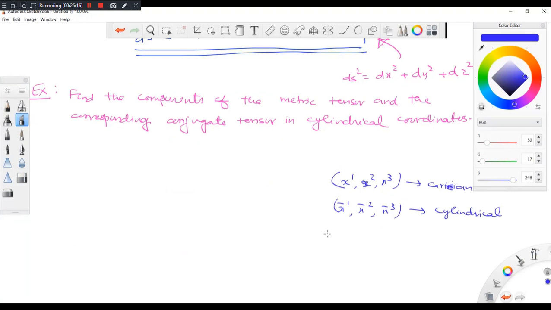Okay. Then what is this? This will be merely x, y, z. This is merely r, theta, z. What's the relation? x is equal to r cos theta, y is equal to r sin theta, and z is equal to z.